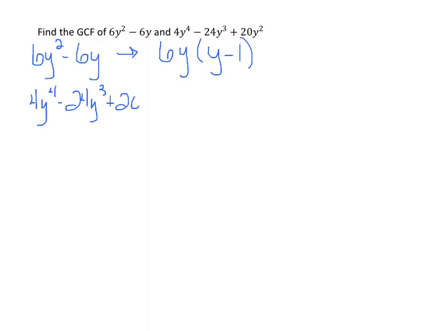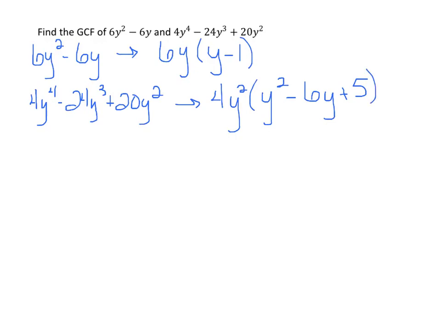plus 20y squared, I know that I can factor out a 4y, and that leaves me with 4y squared. That leaves me with y squared minus 6y plus 5.